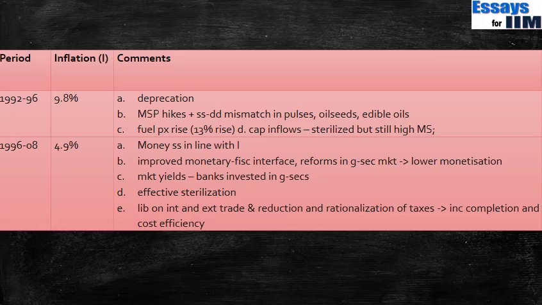A lot of constraints from the economy were removed. There were a lot of reforms in all kinds of markets, the government security markets, the share markets, the FDI market, because of which the transmission of policy happened and the inefficiencies were removed, because of which the inflation was contained.